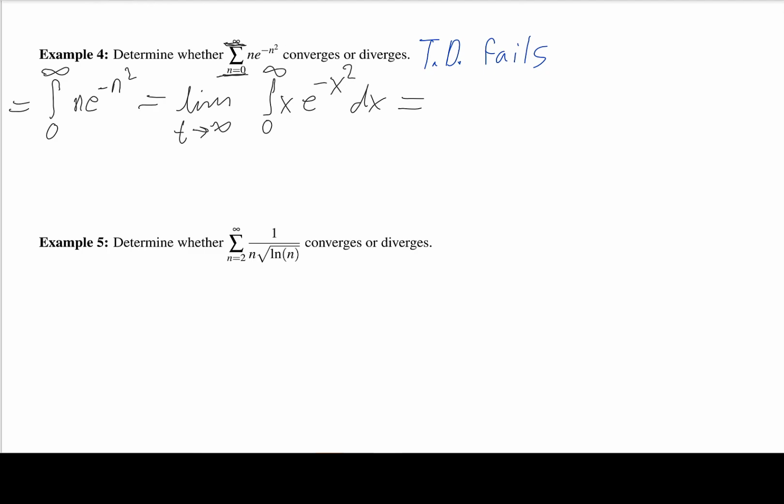Alright, and so here I'm going to use another u substitution. We shouldn't automatically assume that this is going to be integration by parts. Even though we've got a polynomial and an exponential, we're going to do u substitution here because we can do u equals negative x squared and cancel out our x that's multiplying with the exponential function.